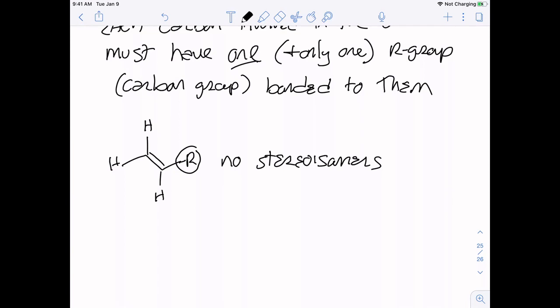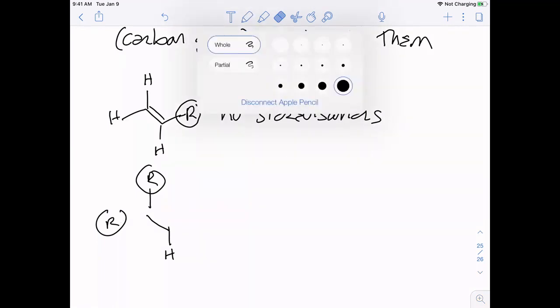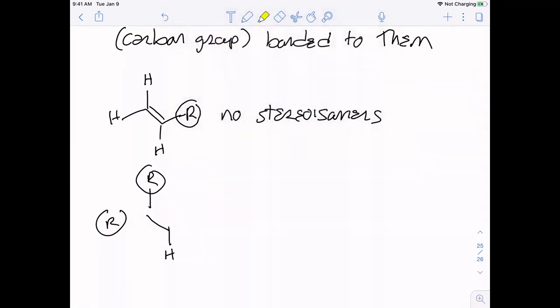If I was to have those R groups on the same carbon, when I'm talking about cis trans, I'm talking about looking across the double bond. Let's just start that one over again here.